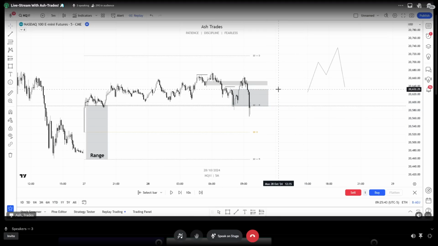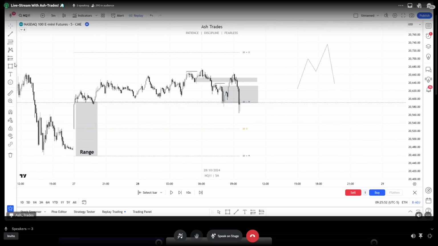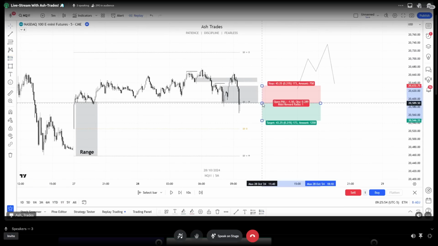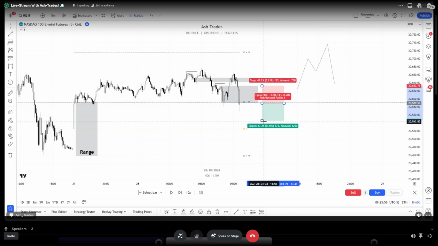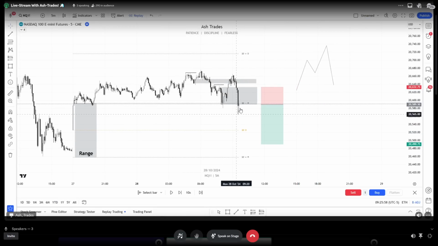So understanding the logic of using the stat map and then understanding how I engage with price, this looks like a short to the other side of the range. Right? And since it's 9:30, I can now engage with price.